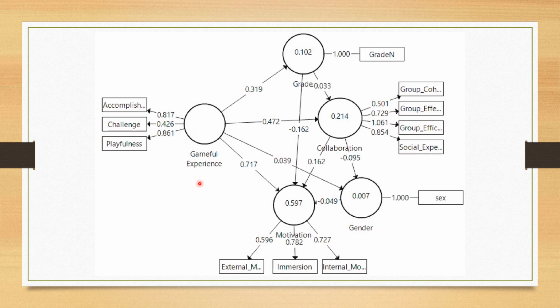There's not a super standard way, so you would need to read the article to know what gameful experience was supposed to mean and what these other words like challenge and playfulness are supposed to mean. I knew this because that table helped me see that gameful experience has these 3 subconstructs. So I knew that these were subcomponents of the gameful experience.